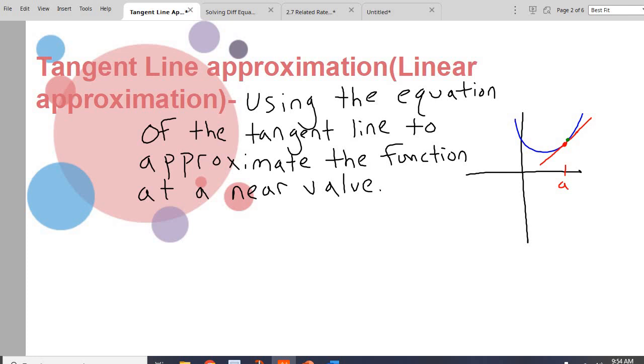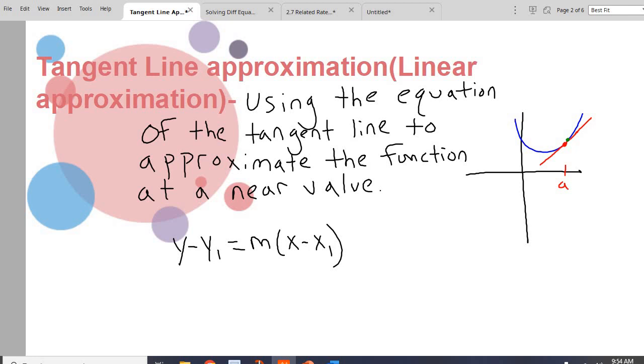Now, what is our general equation of a line in point slope form? Y minus y1 equals m times x minus x1. We're all okay with that? Now, the other thing that I'm going to change is, if I am using my tangent line to approximate this, what is my slope going to be?